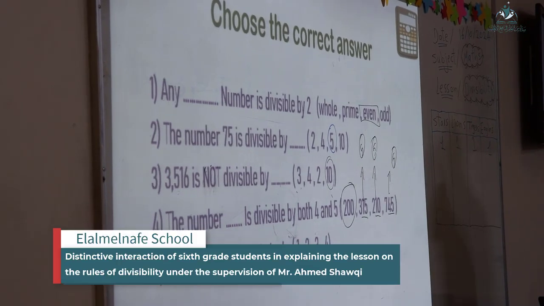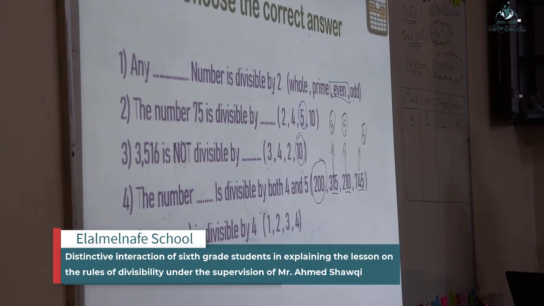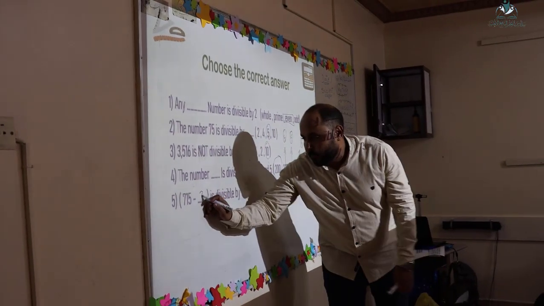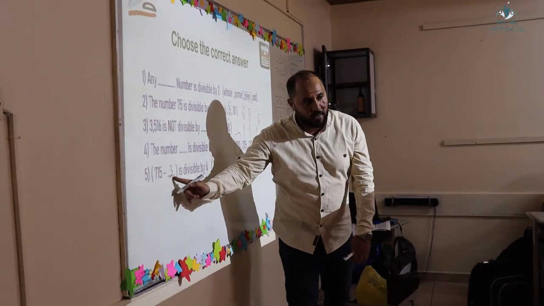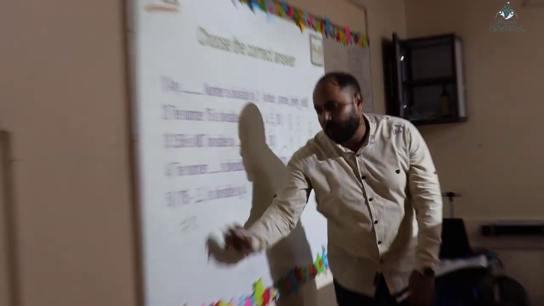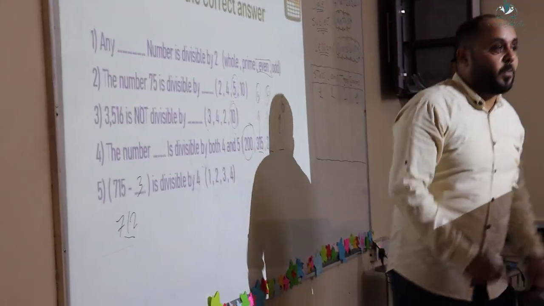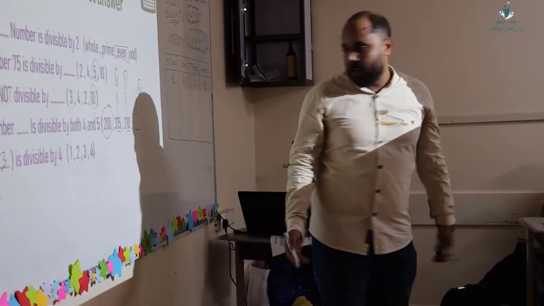Yes, excellent. Claps for you. Here, if we put 3, 715 minus 3 equals 712. In 712, the ones and the tens make 12. So this number is divisible by 4.